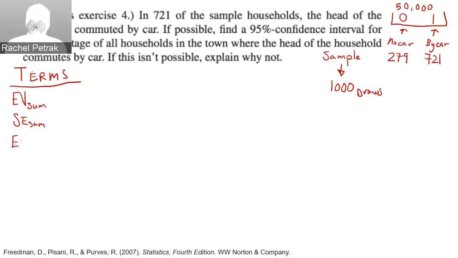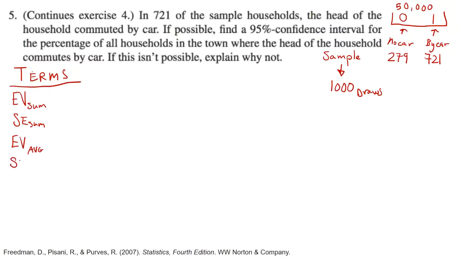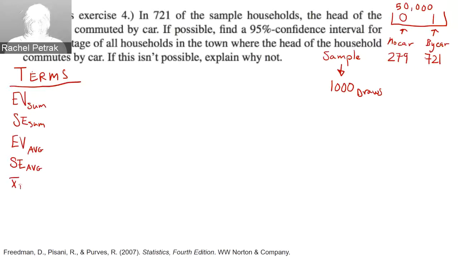We'll get the expected value for the average, the SE for the average, and we'll use this information to get our confidence interval. We'll also get the mean of the box, and the standard deviation of the box.